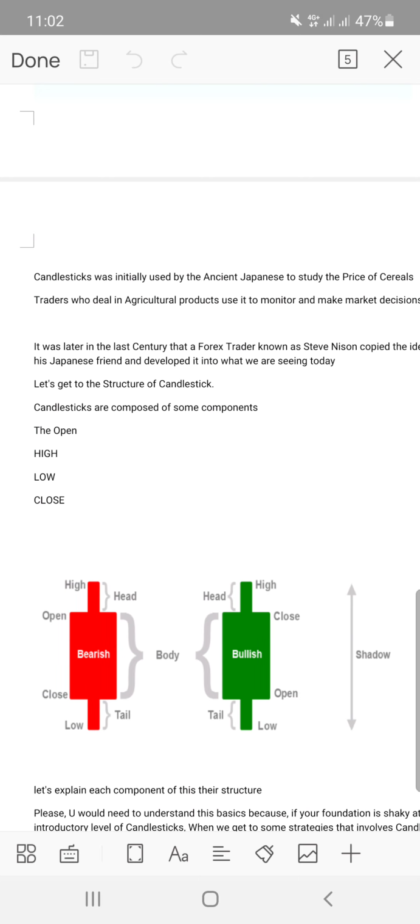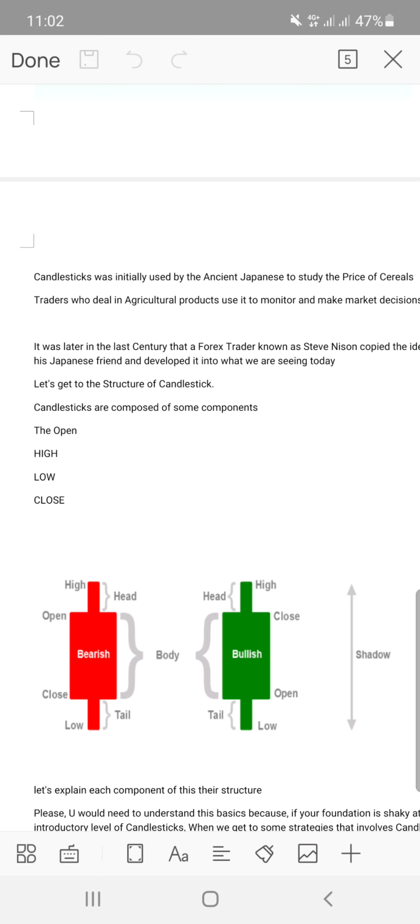So originally, trading using Japanese candlesticks started from the Japanese. Steve Nison copied the idea from his friend and integrated it into forex trading, the financial markets.